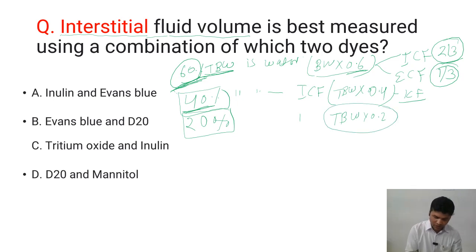For a 60 kg body weight, 60 into 0.2 is equal to 12 liters.